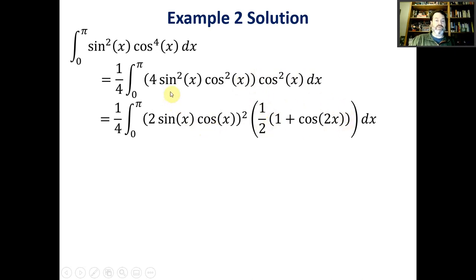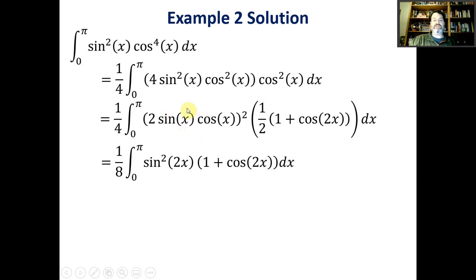We have another rule that's going to relate to sine x cosine x. So all I'm doing here is pulling this exponent to the outside. 2 squared is 4, sine squared is sine squared, cosine squared is cosine squared. So I'm just factoring it backwards, sort of.